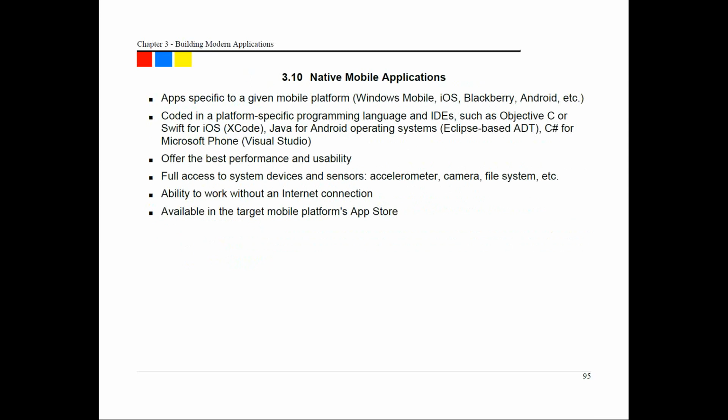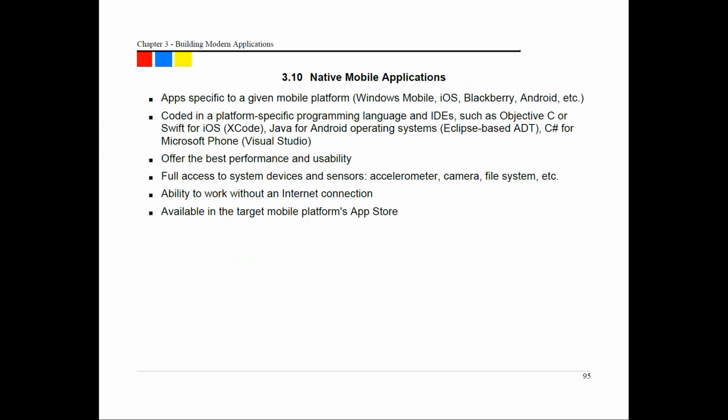The big difference with a native app is full access to the system devices and sensors, which is sometimes not available in a web type application. So, direct access to accelerometer and things like the camera and the video system and the sound system and the file system. Often they have the ability to work without an internet connection.